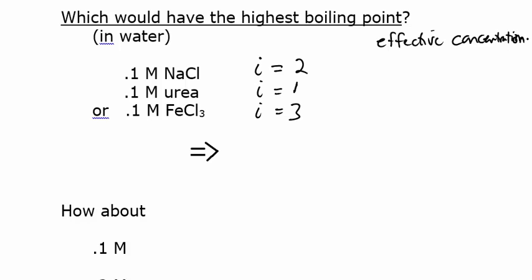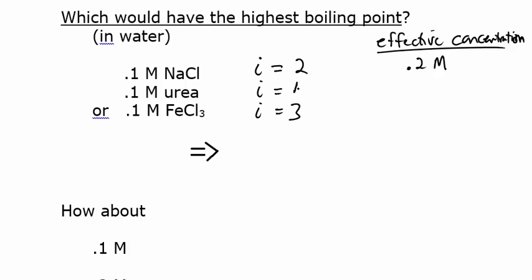Now remember, the boiling point is related to the molality, not the molarity. But if molarity is increased, so will molality be. So it'll be the same trend in molality. So the effective concentration, if i is 2, then the effective concentration is 2 times 0.1, so it's 0.2 molar when you have sodium chloride, because it separates into 2 particles.